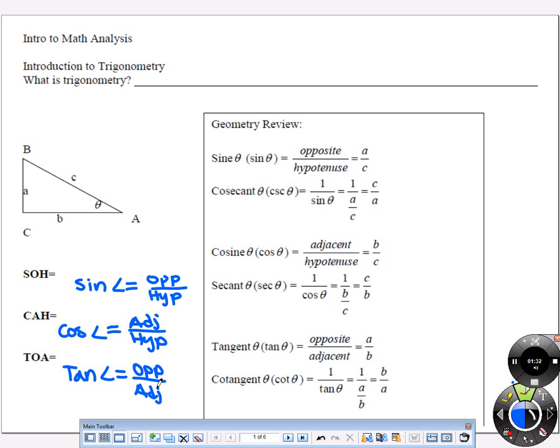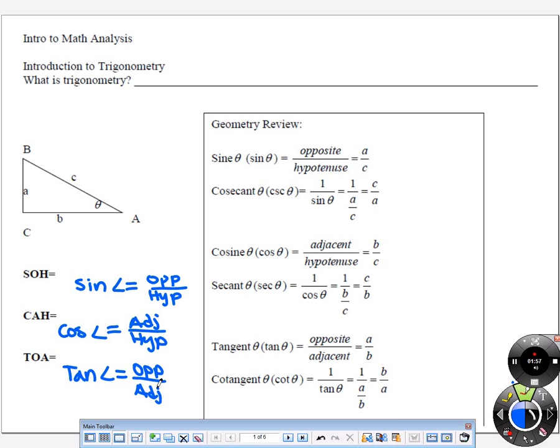A. Okay? A is the side opposite of that angle because it does not touch that angle. All right? What side would be considered the hypotenuse of this triangle? C. It should be more properly marked with a little right angle in that corner. You guys can fill that into your notes. But C would be the hypotenuse. So in this case, the sine of the angle in this example would be A over C. Okay?